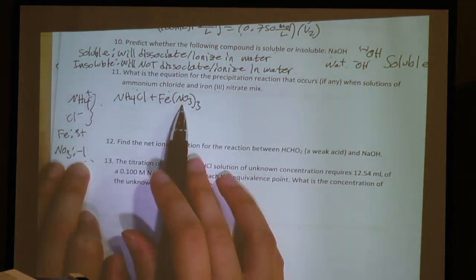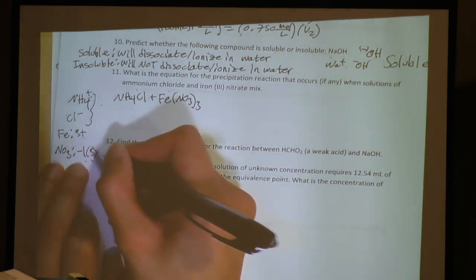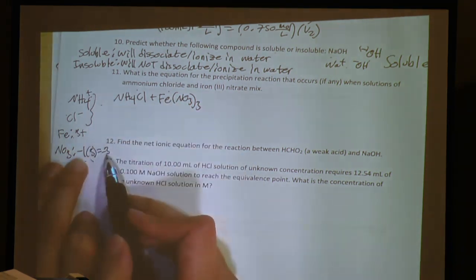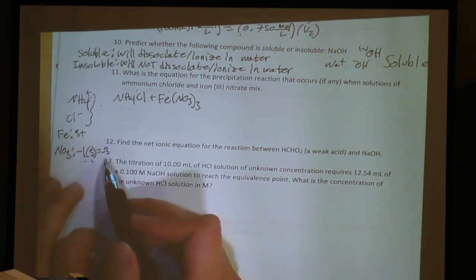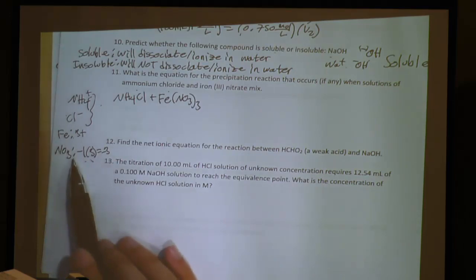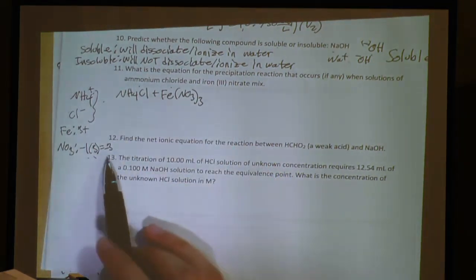Because if NO3 has a -1 charge, we need 3 of them to cancel out the +3 charge from iron, right? So this is also coming into play, having to know not only the name of our polyatomic ions, but the charges of them.